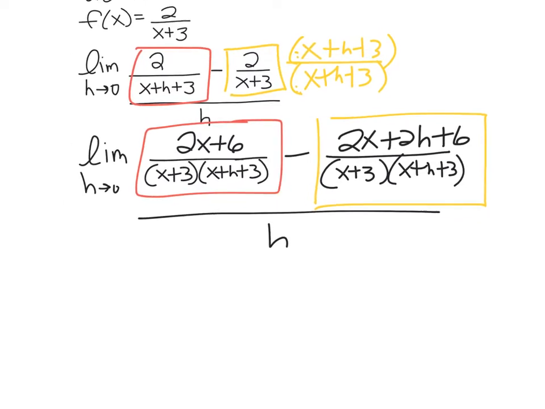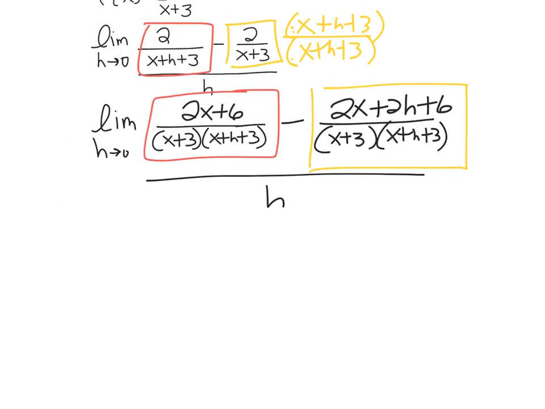Okay, let's combine those into one fraction. So I have the limit as h goes to 0. When I combine this into one fraction, make sure that you are subtracting everything in the second fraction there. Okay, so I have a 2x minus 2x. Those are going to cancel out.